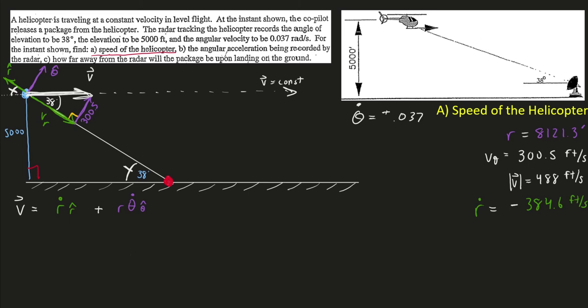Alright, so we've squeezed all the stuff we can out of our velocity analysis of this helicopter. Part B is talking about the angular acceleration being recorded by the radar. So they really want theta double dot. So I'm going to move on to our acceleration equation.